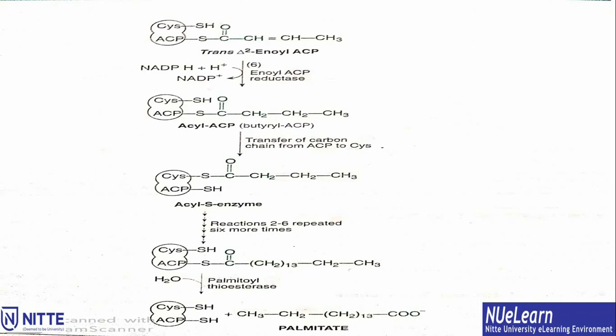The carbon chain attached to ACP is then transferred to the cysteine residue, and reactions from 2 to 6 are repeated 6 more times.